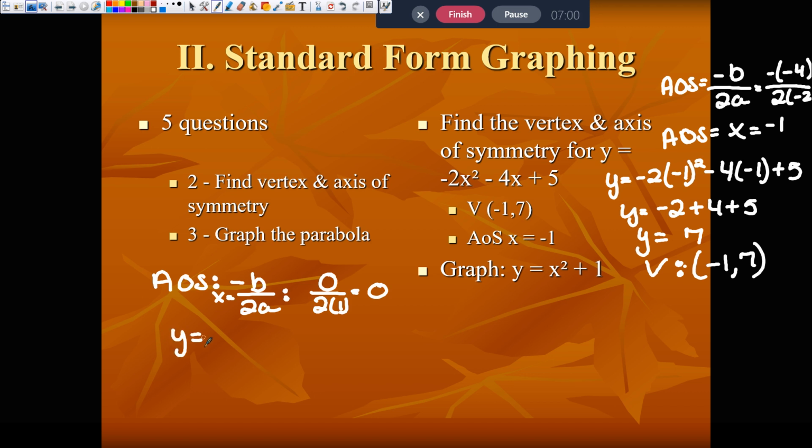So y equals 0 squared plus 1. So y equals 1. So my vertex is at 0, 1. Okay, can I use my c as my additional point here? No, because my c is my vertex. Okay, so I have to find an additional point.